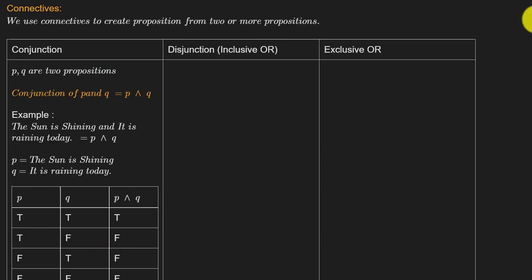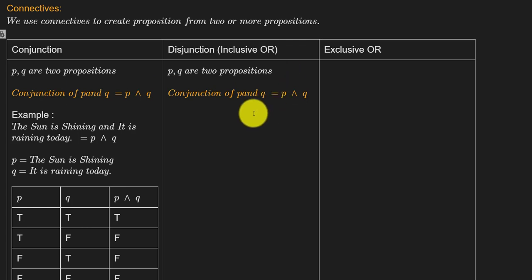Now the next connective we will be talking about today is called disjunction, or the inclusive OR. So if I just start with the same stuff over here, I'll also explain why we call it inclusive OR and why we call it exclusive OR. So let us copy this line over here. If P and Q are again two propositions, let me copy this one as well.